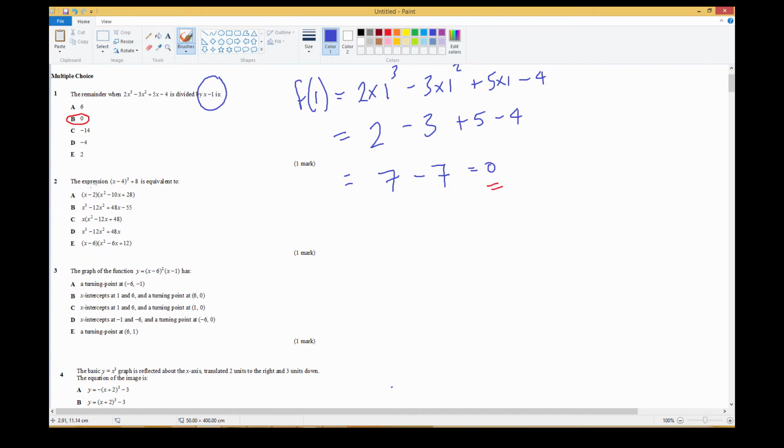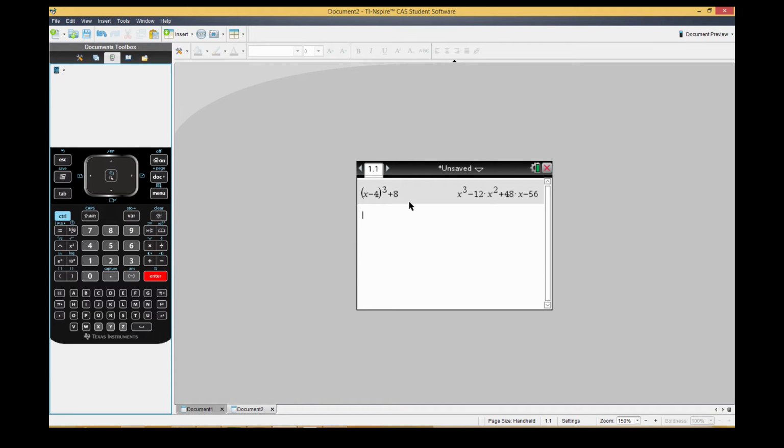So it is not response B, even though it's quite close. So let's have a look at response A. We can sort of put this in the calculator, but sometimes it doesn't work. The calculator won't expand it for us. We'll try it anyway.